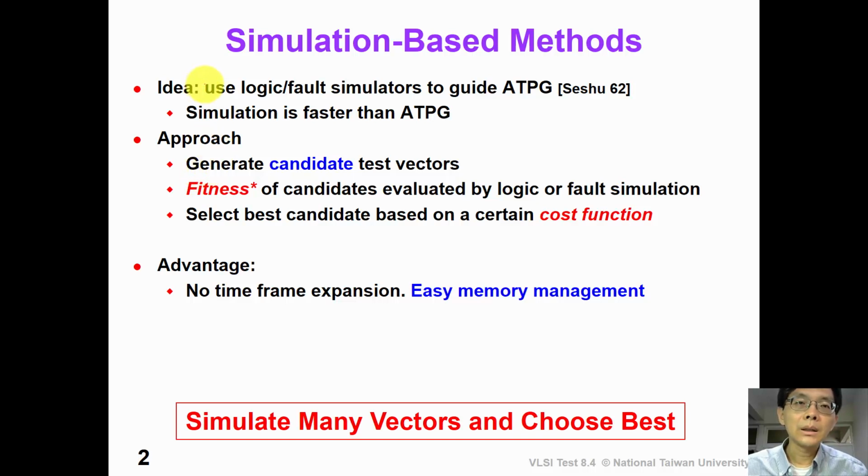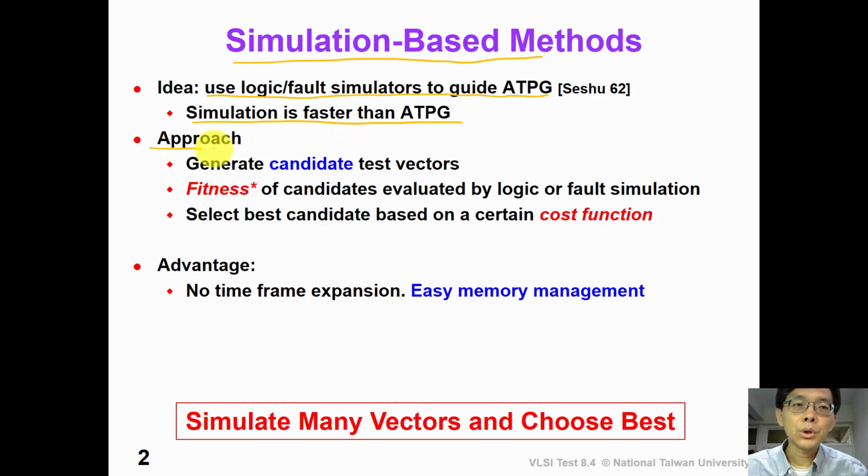The idea of simulation-based test generation techniques is to use a logic or fault simulator to guide ATPG. This is because simulation is faster than ATPG.